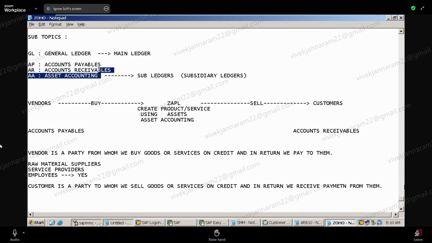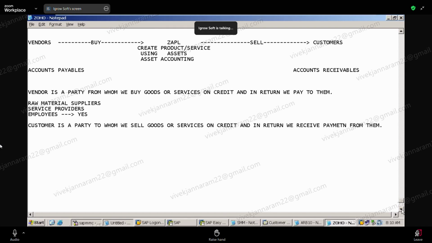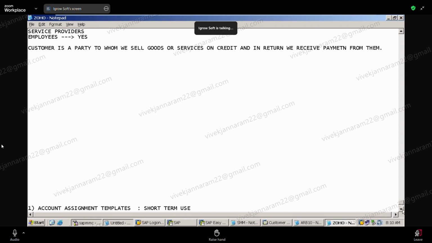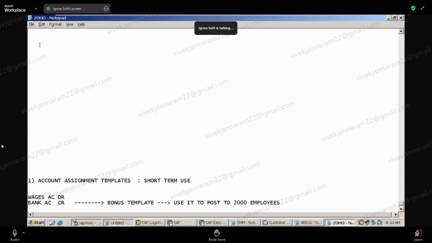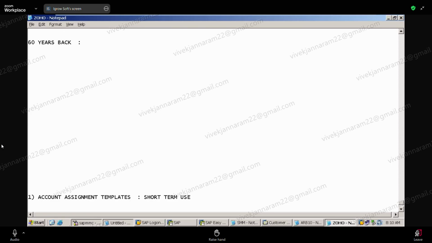So why this subledger concept has come is, see, if you go back 60 years in time, at that time also businesses were there. We had the East India Company, many companies were there.